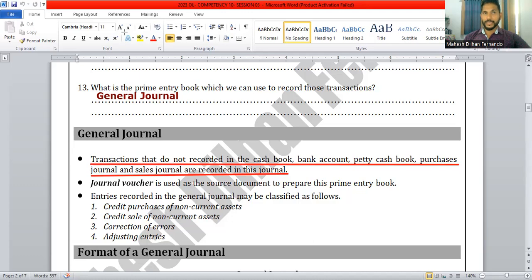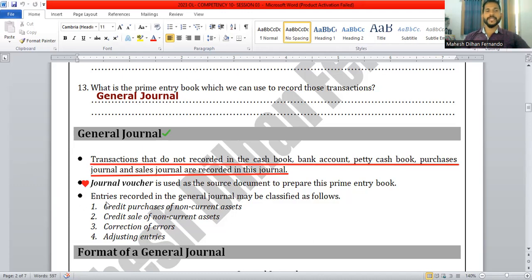The next is, look at the next point. What is the source document to prepare the general journal? We are using this source document, journal voucher. Okay, good.